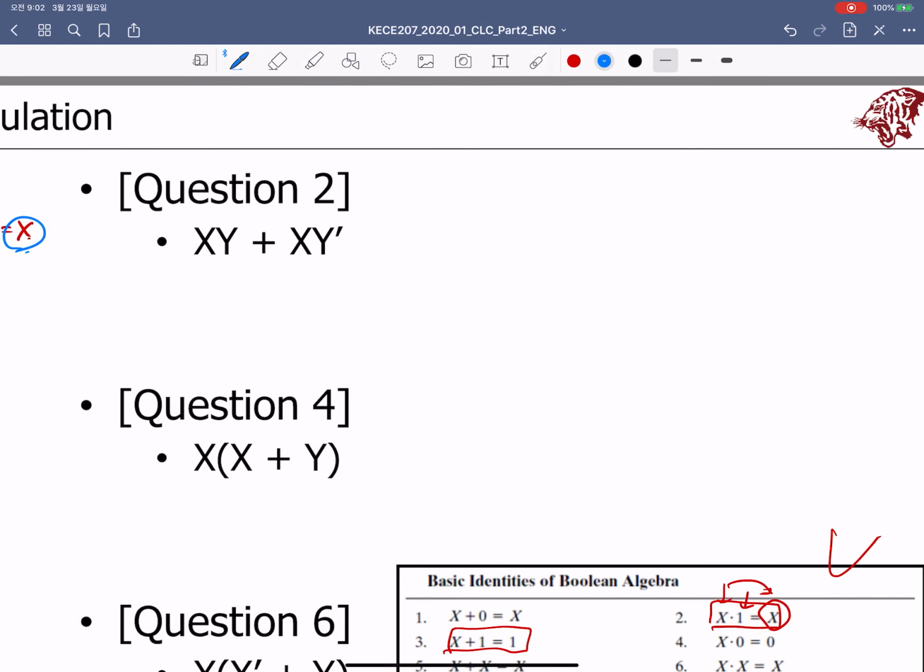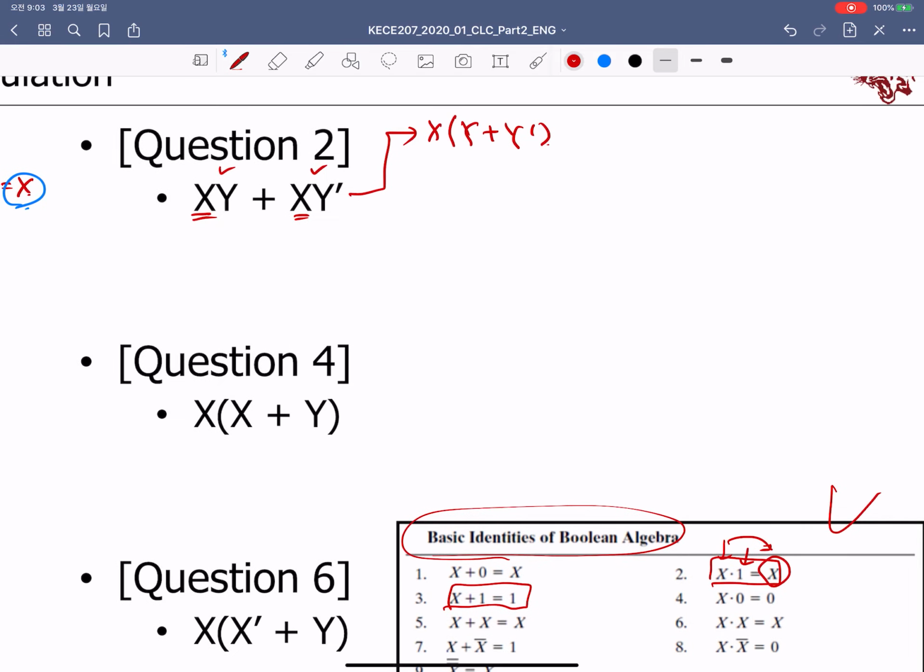So you have another example here. Let's use the basic identities of Boolean algebra in order to solve this one. As you can see here, you have x on the left-hand side and the right-hand side both. That's why you can combine the two terms with x. So you have x times (y plus y prime).